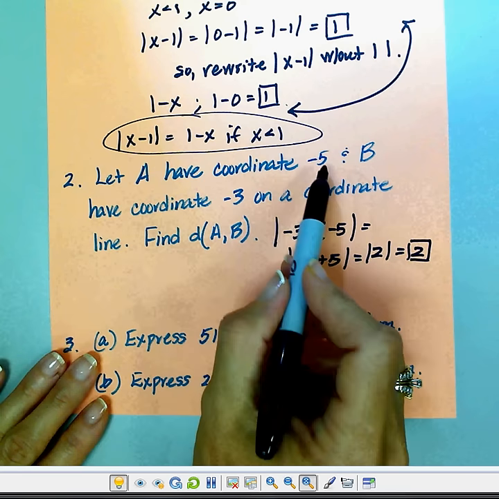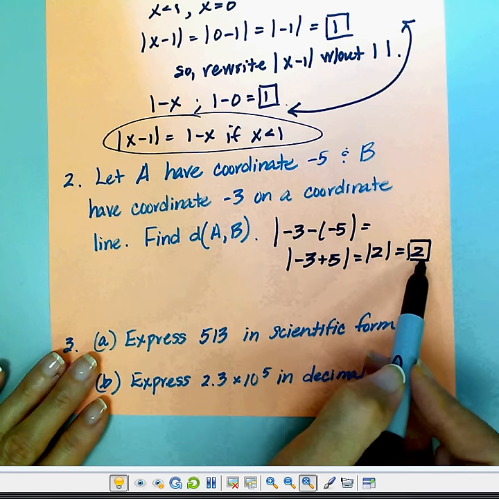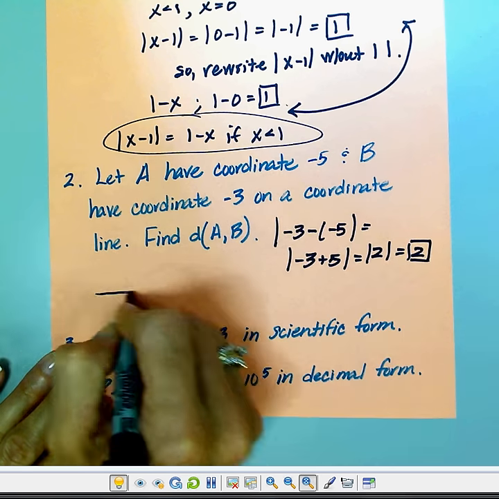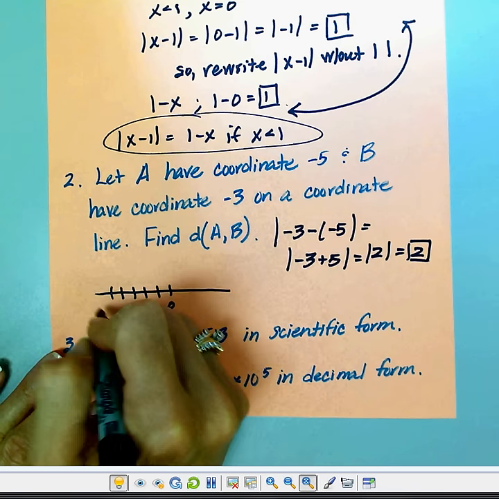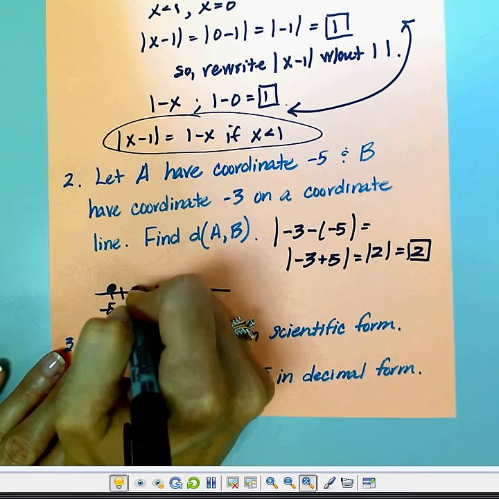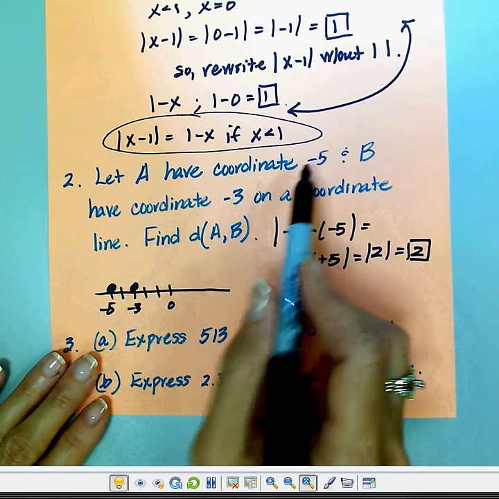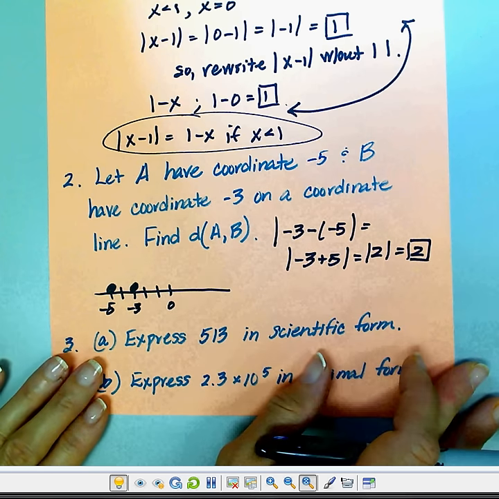So the distance from -5 to -3 on a horizontal number line is in fact 2. We know that if we do a real quick sketch of that. So if this is -5 and this is -3, it basically is saying what is the distance from -5 to -3. So you always just take the 2 coordinates, subtract them, and always include absolute values because we again are looking for a distance.